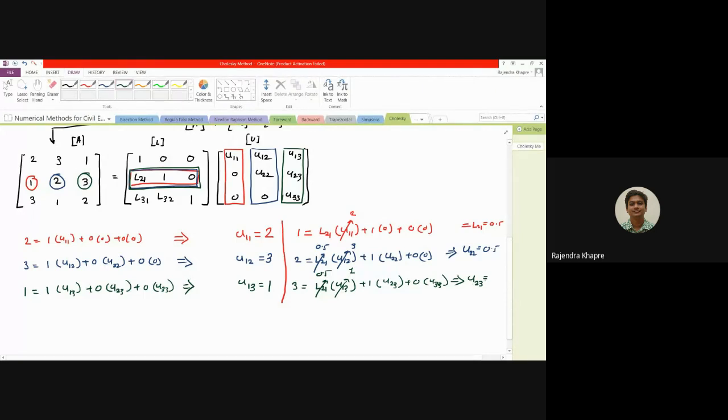Sorry? 2.5. Is it right? Someone please verify this. ठीक है. So we have successfully evaluated the values of 3 of 6 unknowns. Now let us quickly evaluate the rest of the values.